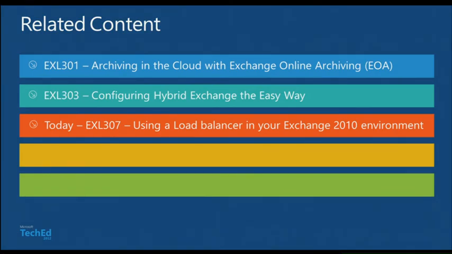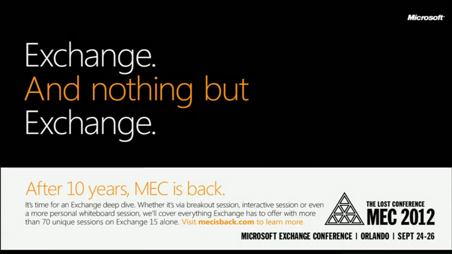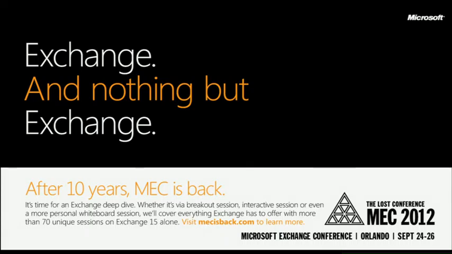Today we've got a session this afternoon about using load balancers within Exchange, which is one of the last Exchange sessions of the conference. And then there's something coming up which will be of interest to nearly all Exchange people. Whether or not you can make it, it's going to be a great conference, and we're going to have a lot of content about some new stuff there.